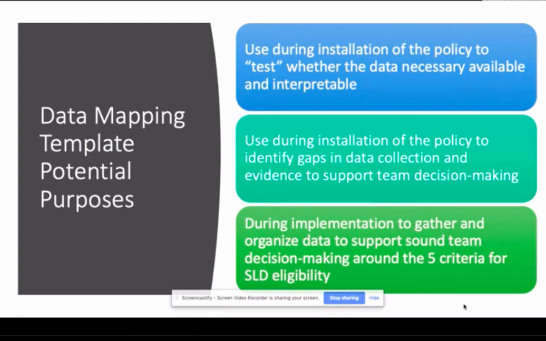Also, during the installation phase, the tool could be used to identify gaps in data collection and evidence to support team decision-making. And finally, during the implementation phase, the tool could be used to gather and organize data to support sound team decision-making around the 5 criteria for SLD eligibility.